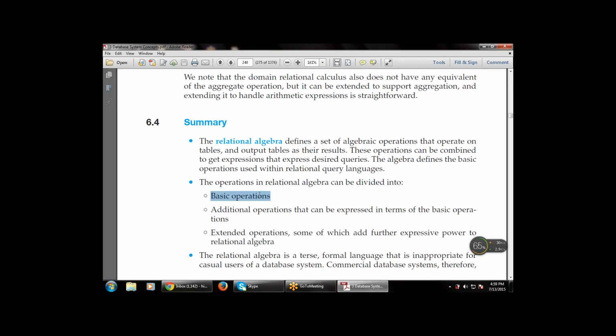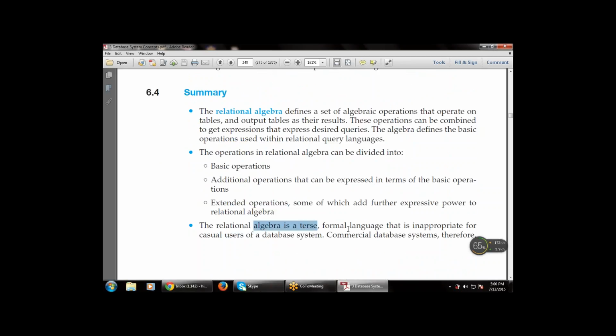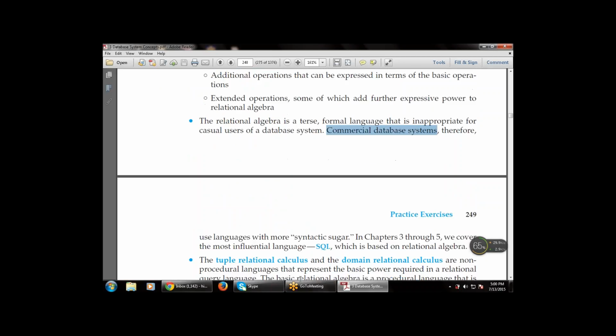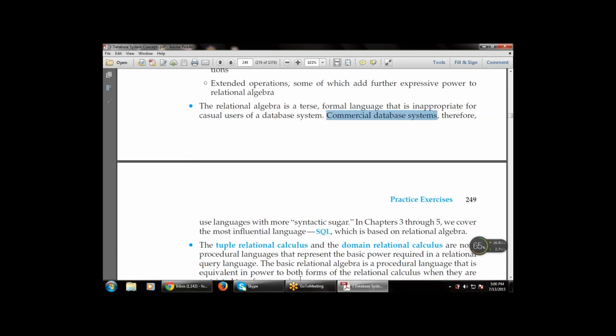They can be divided into basic operations, additional operations, and extended operations. The relational algebra is a terse formal language that is inappropriate for casual users of a database system. Commercial database systems therefore use languages with more syntactic sugar.